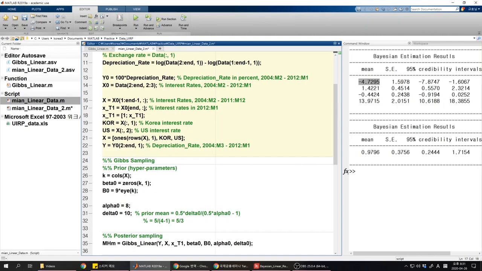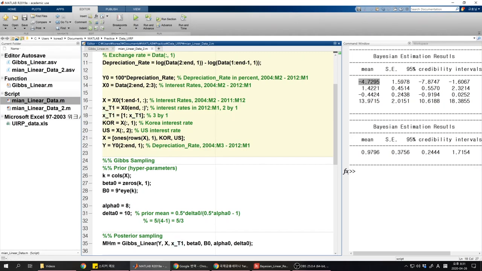I'm sorry, it should be transpose, right? So now this dimension is what? 2 by 1, right? And what about this? This is 3 by 1, right?